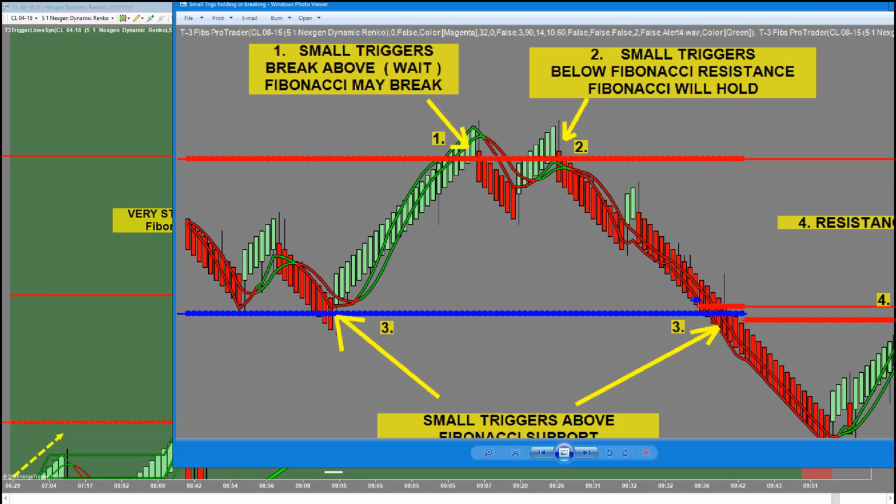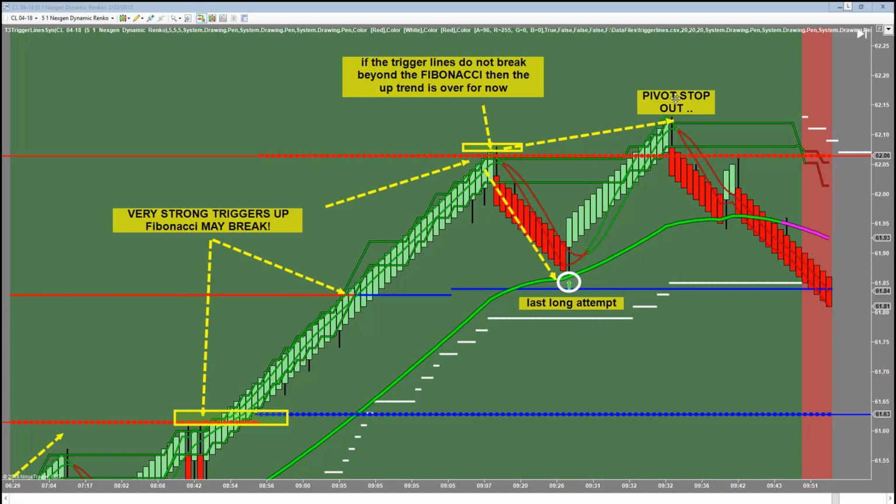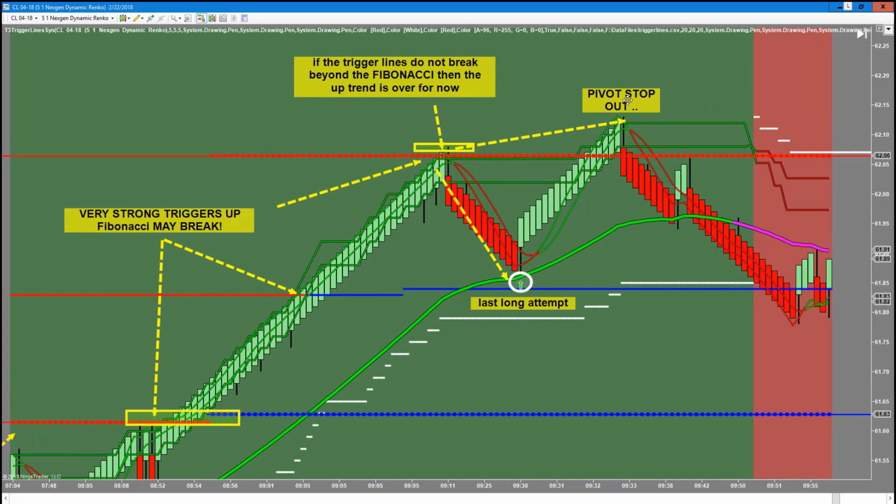So when we look at this chart, just a quick little review, you'll see the pivot stop out number 1. However, we can't necessarily go short up here. However, when the small triggers get back below the fibs and the synthetic triggers, this spot becomes the exact spot where we look to initiate the first short position against the trend.